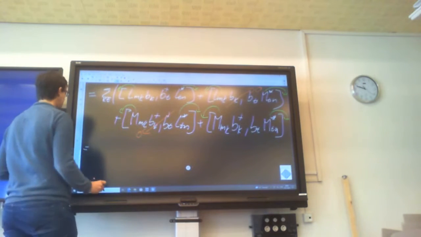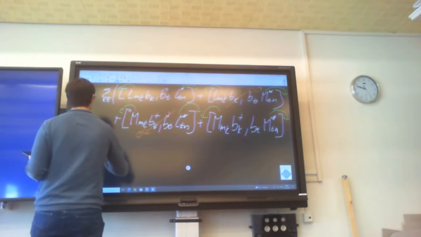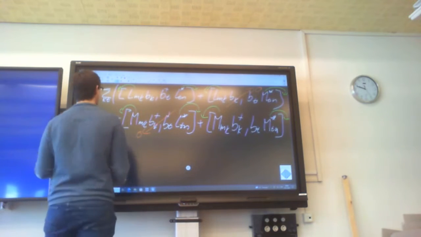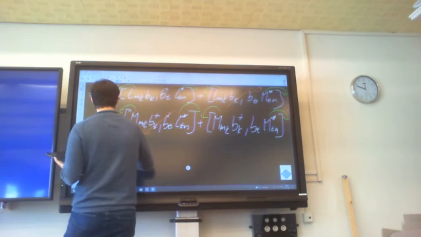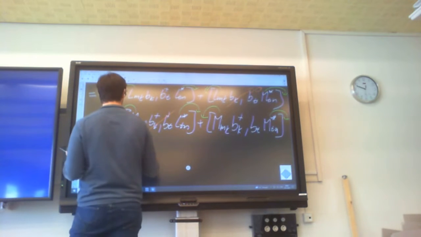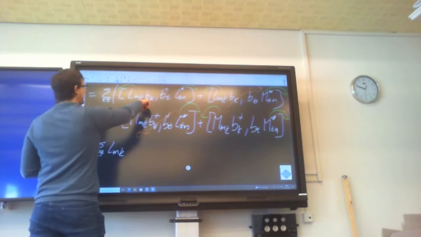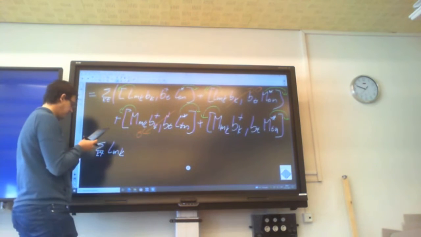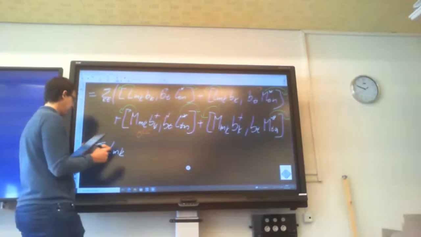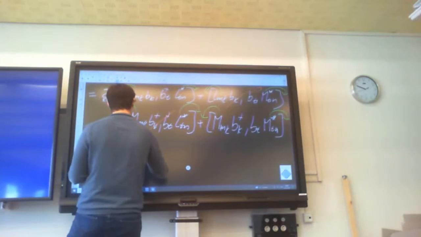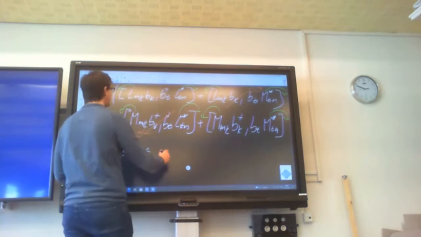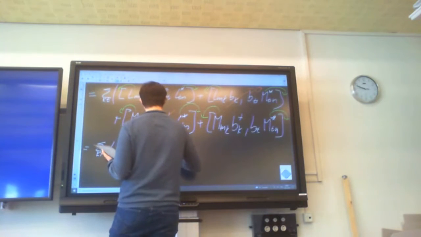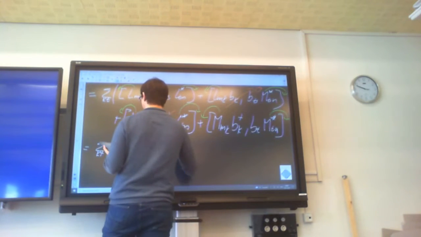So we finally are able to reduce our results drastically, and we can now just write the remaining parts. L_{nk}, the commutator between b_k and b_t. This is just delta_{kt}. And here we have our L_{mt} dagger.